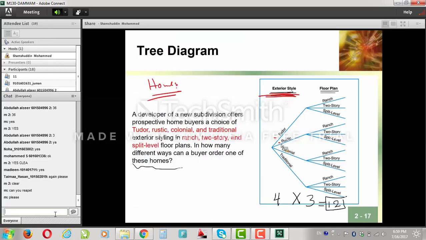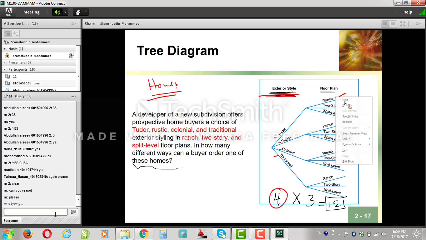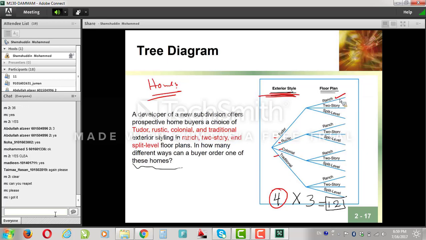This type can be thunder, rustic, colonial, or traditional style. So we have 4 options for the exterior style, followed by the number of floors in the home that we will build. The number of floors can be ranch, two-story, or split level. All of those are ways to design houses.